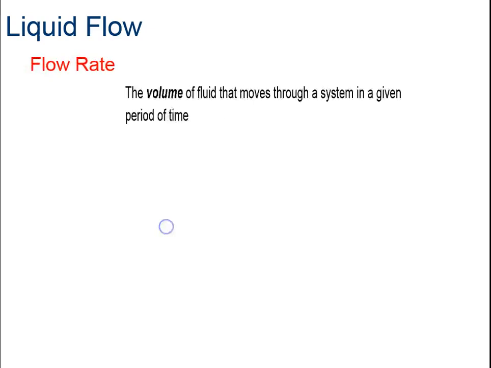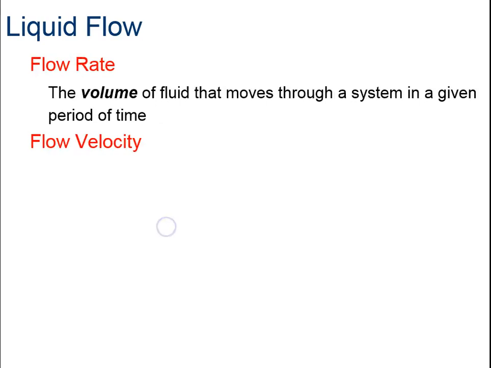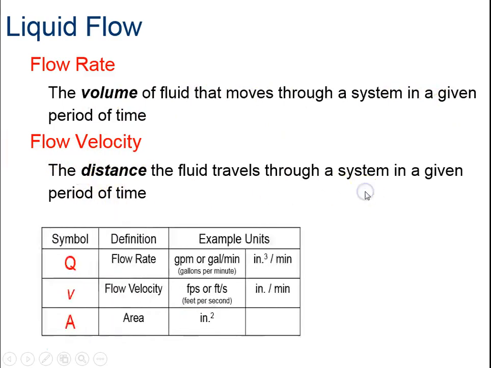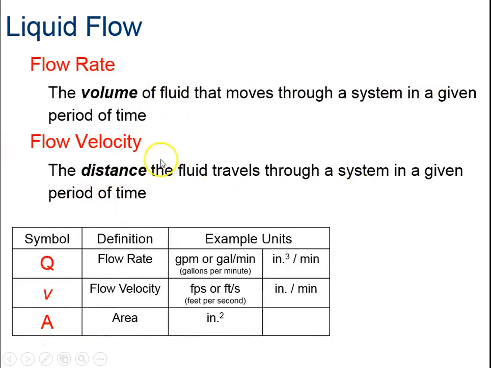So one of the concepts with liquids is flow rate, and there's two different things we're going to talk about. The flow rate, which is the volume of liquid going down a system, versus the velocity, which is the speed that the liquid's moving. These two are related through the cross-sectional area.